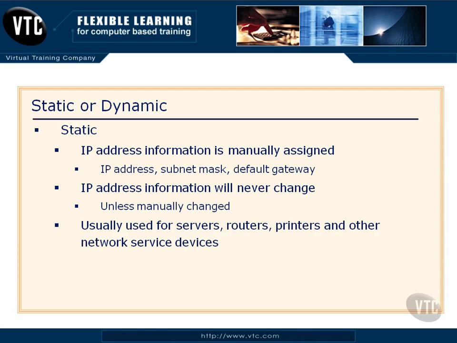Now, we usually do this for things like servers, routers, printers, any kind of network service device that we want the IP address to always stay the same so we can always get there and find it. Now, do keep in mind that a lot of people will consider this at a certain level a security issue, because if the IP address always stays the same, then there's all kinds of tricks out there that the 13-year-olds can use to kind of sneak up on that IP address and find it.